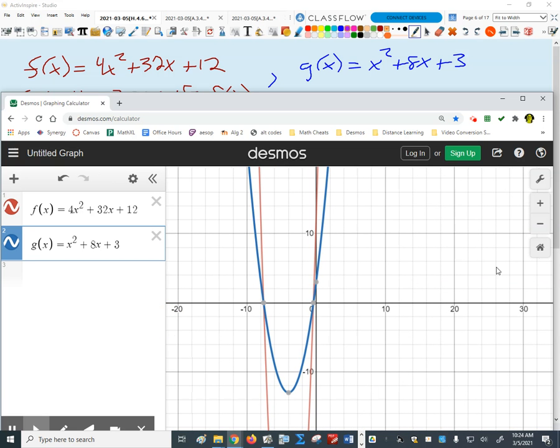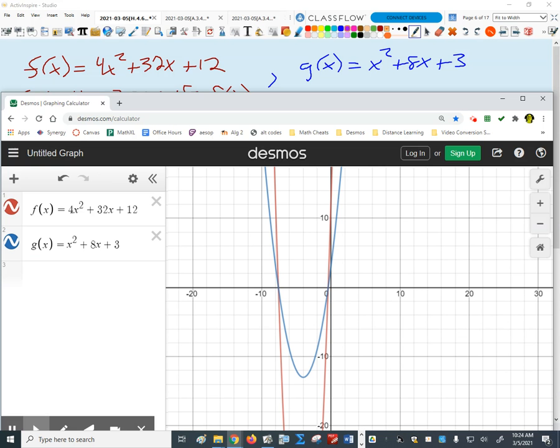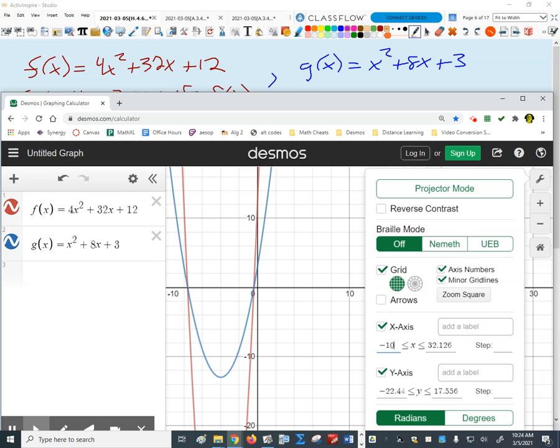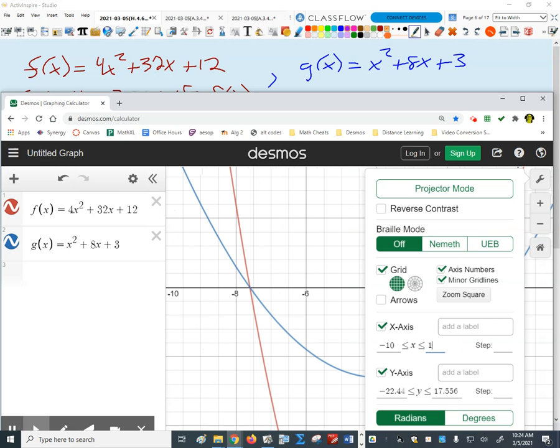Okay, and I'm going to practice making this graph look better too. This is another skill you guys should start to be developing a little bit. If I want to represent these graphs better, I could go into my graph settings, and I could just go from like -10 to 1 instead of having such a wide range of values showing up on my window of x. I could go down here to the x-axis, and I could choose the x values. I'll replace that left number with -10. I'll replace the right number with 1, and look how it spreads it out.